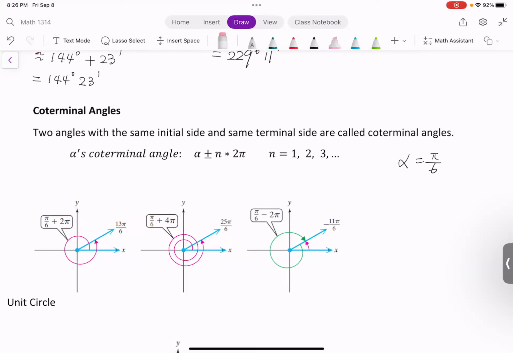If I add 1 full rotation, add 2 pi, I'm getting 13 pi over 6. So that is the coterminal angle of pi over 6. If I add 4 pi, that's 2 rotations, I got 25 pi over 6. That is also the coterminal of pi over 6. If I subtract 1 full rotation, negative 11 pi over 6. That's the coterminal of pi over 6.